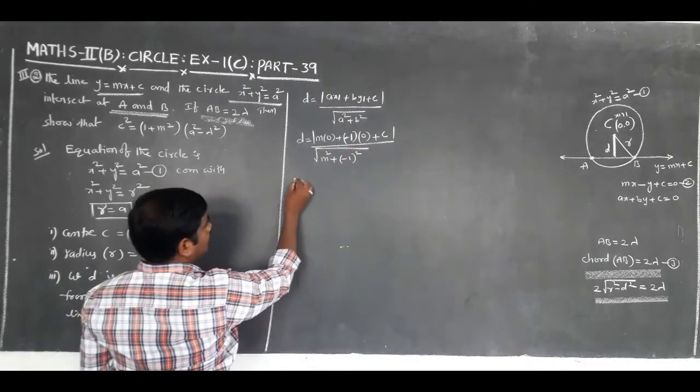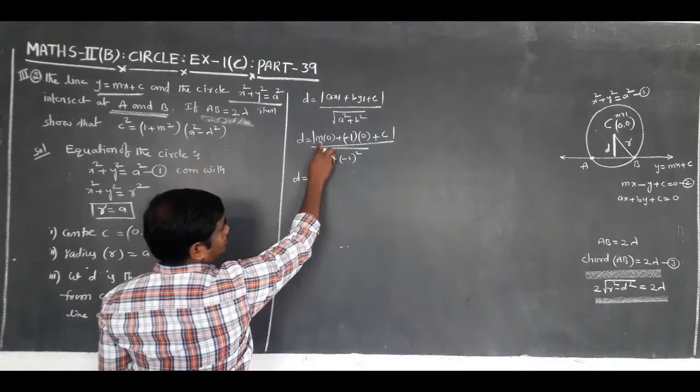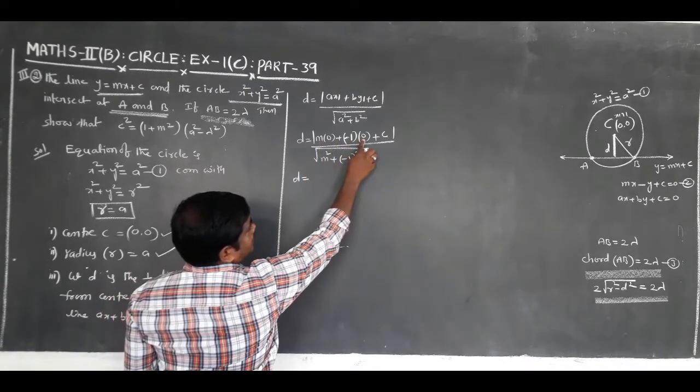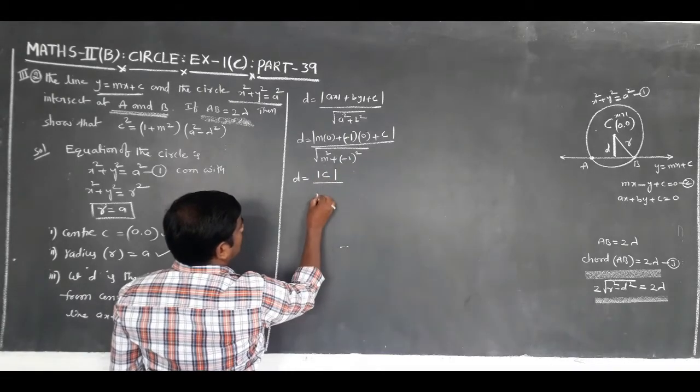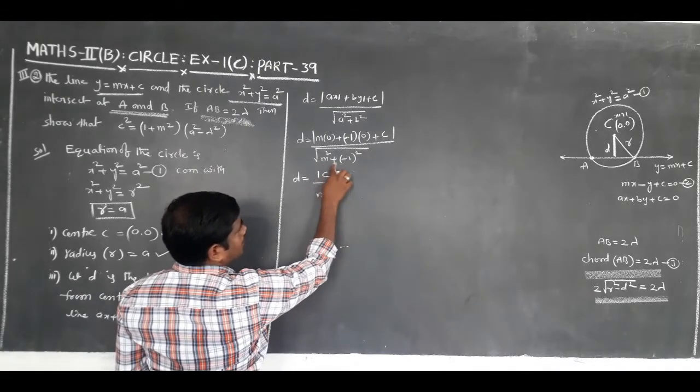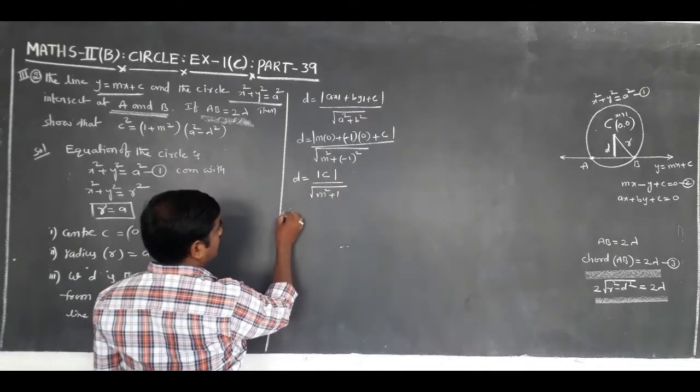So d is equal to mod of m into 0 plus minus 1 into 0 plus c, by under root of m square plus minus 1 whole square, meaning 1 square.